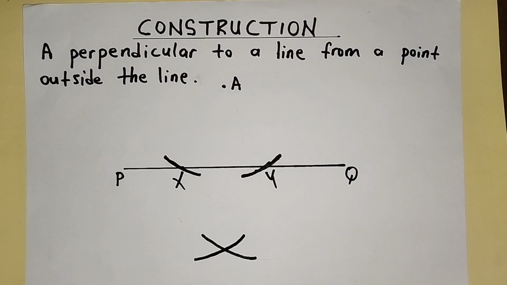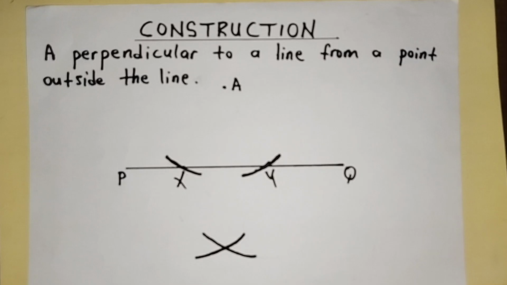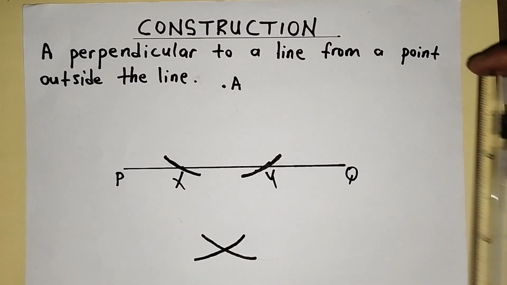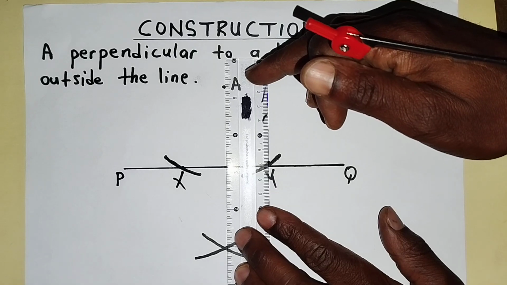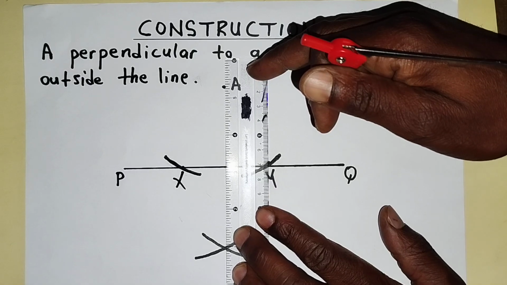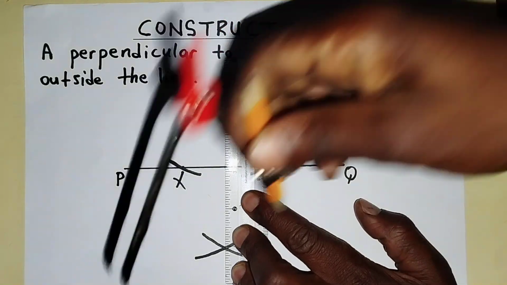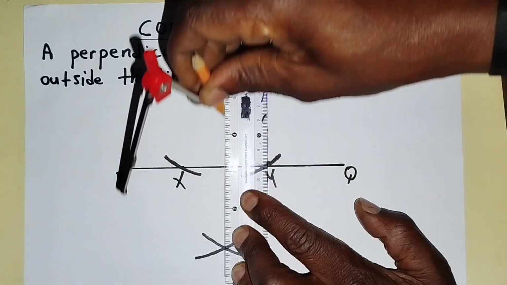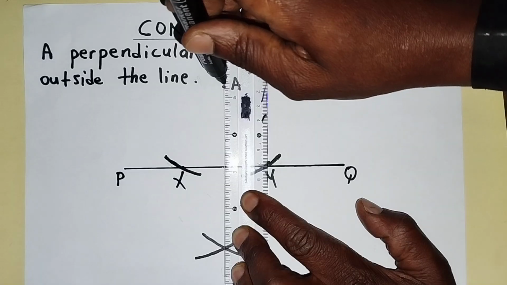Remember I want to draw a perpendicular to a line from a point outside the line. And then I draw a straight line from the point A right through the point of intersection of the two arcs. Let me use this one so that it can be visible.